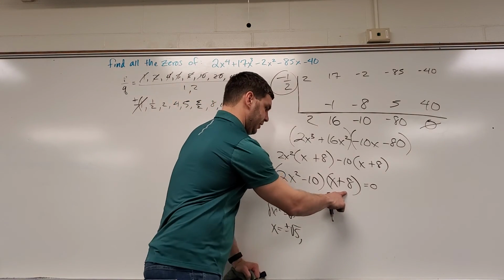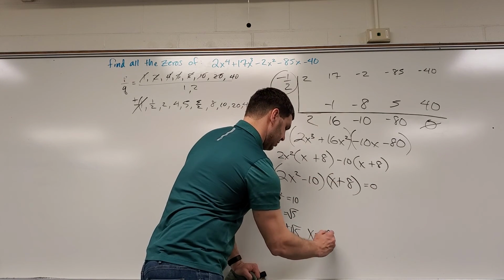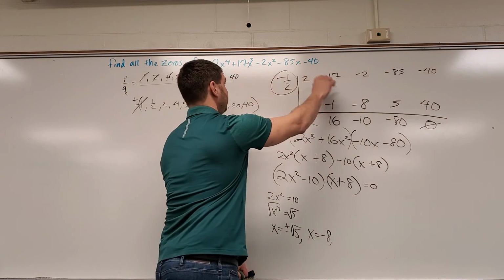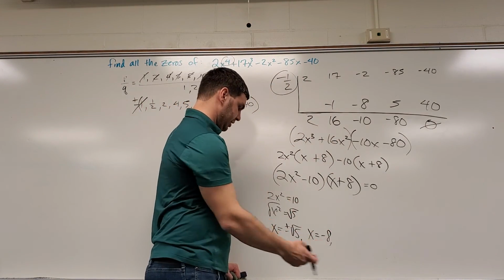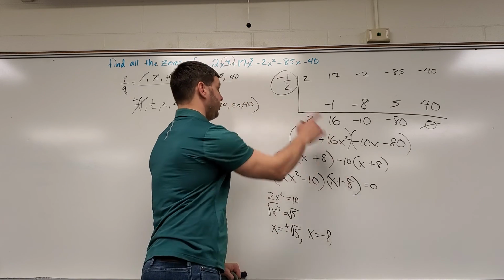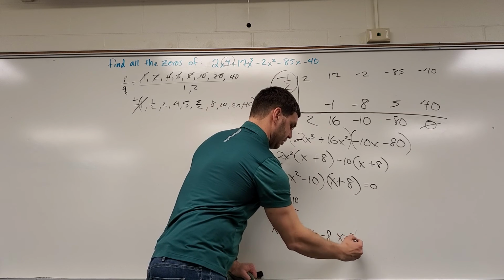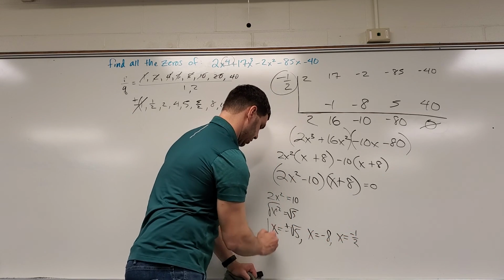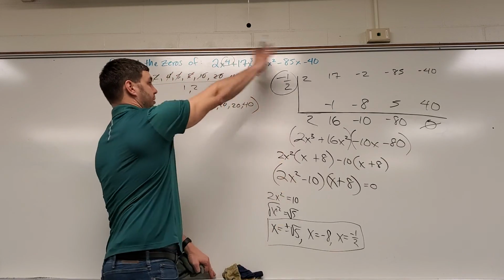I also am going to have x plus 8 equals 0, so x equals negative 8. And I need 4, right, because this is a degree 4 polynomial. And my fourth one is actually going to be negative 1/2. So x equals negative 1/2. Those are the 4 zeros of that big, long polynomial.